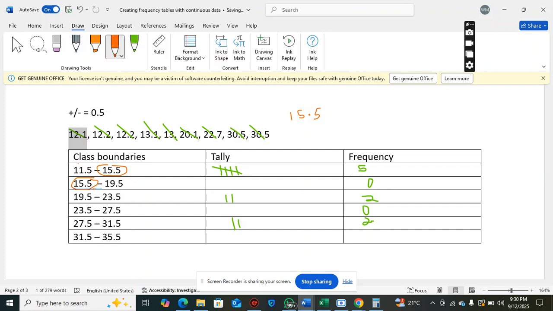The lower limit is part of the range, not the upper limit. So if we had a 15.5, we put it in this class here. If you had a 19.5, rule of thumb again, always look for the class where the number is in the lower limit. So here, since 19.5 is in the lower limit, you would put it here.